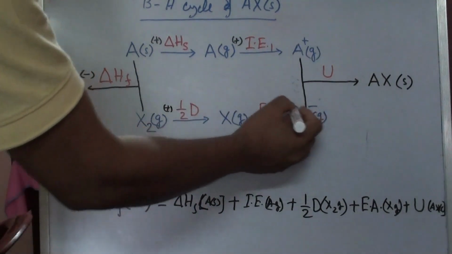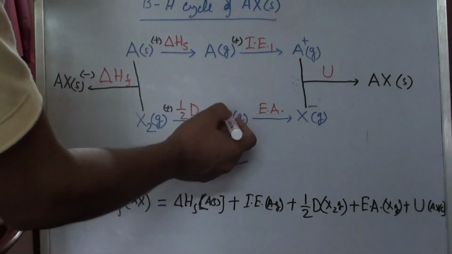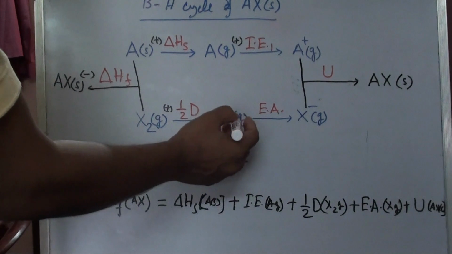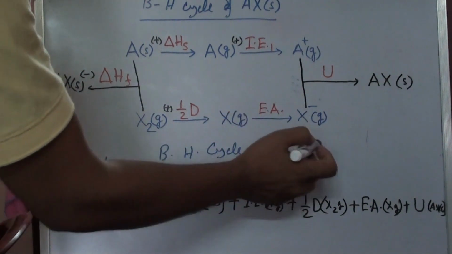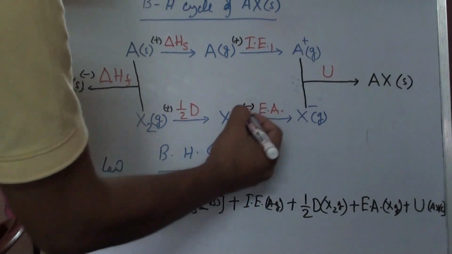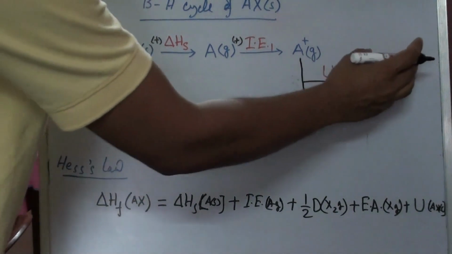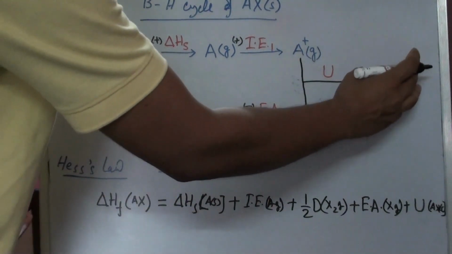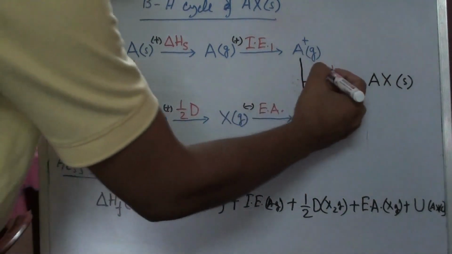Again, for electron affinity, one electron is gained by this X gas in its valence shell from outside, forming X minus, so energy is generally released and it is negative. And for lattice energy, since formation of the lattice is taking place, the amount of energy is released, so it is also negative.